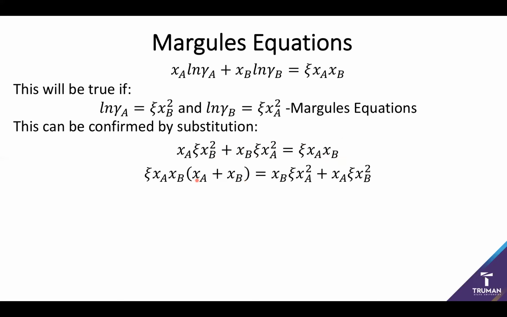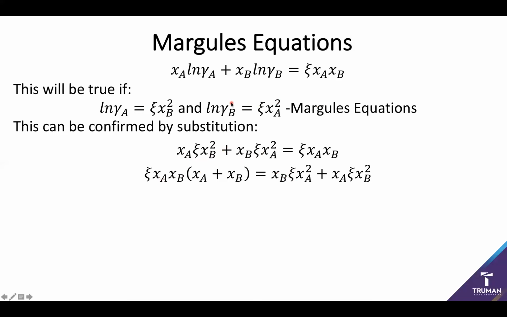Now, when I do this, I can multiply out the strength of the interaction times their mole fractions, and we get back our original expression that we had by substituting in the Margules equations. So it does actually show that this substitution does end up yielding the value on the right side. So it turns out that these Margules equations do hold.